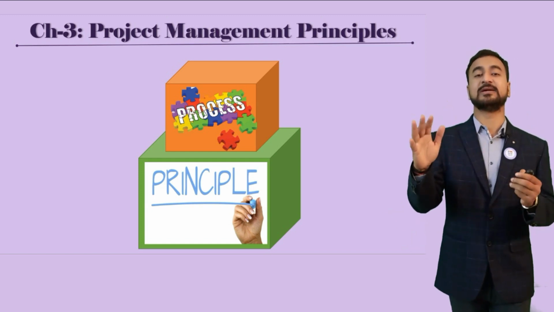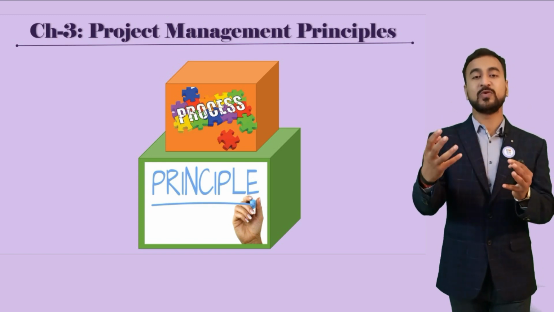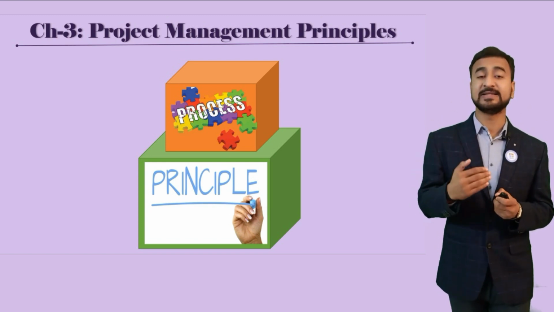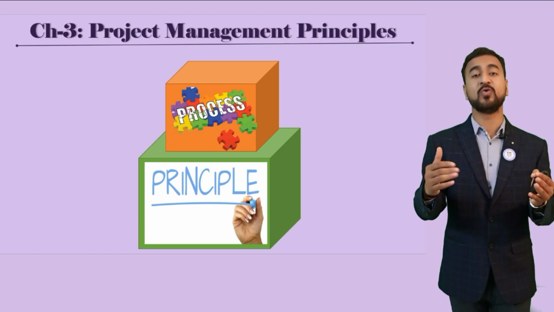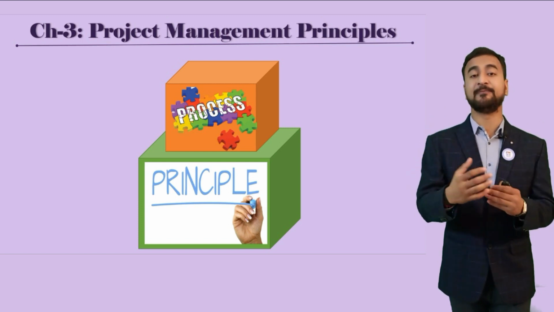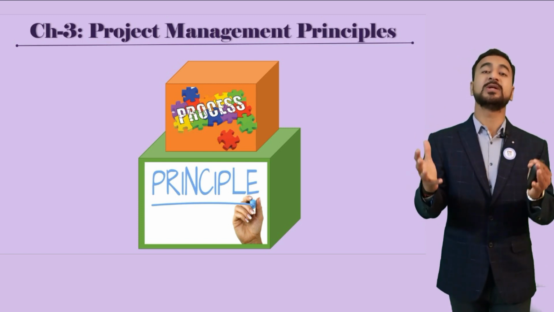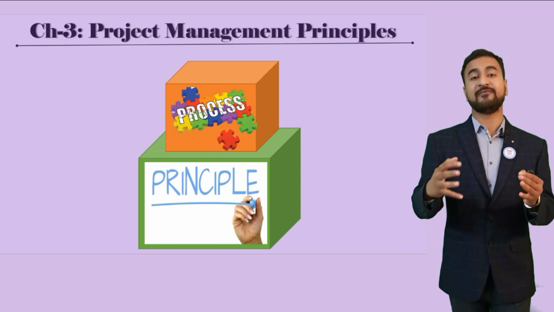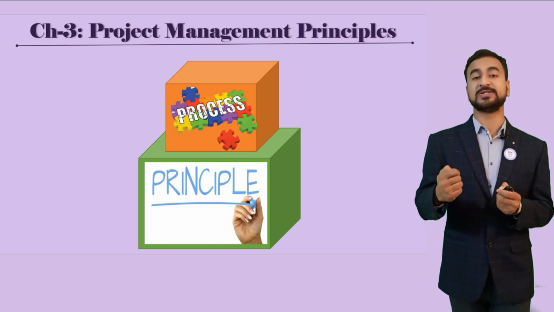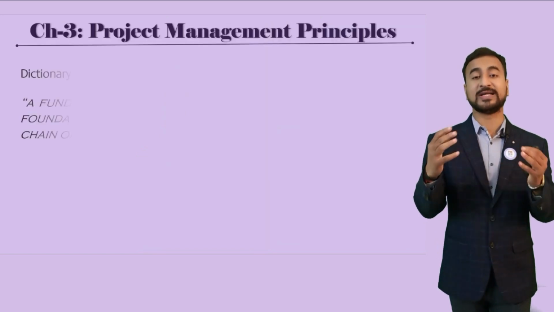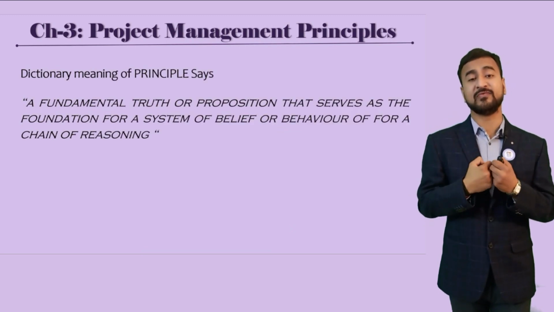A very useful environment needs to be created, and that is the reason why PMBOK 7 came up with the principles-driven approach, because it is high time for us to come up with a solution required to execute the project, and that is value delivery.